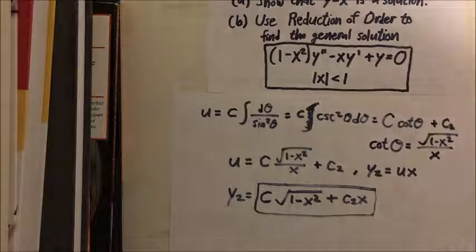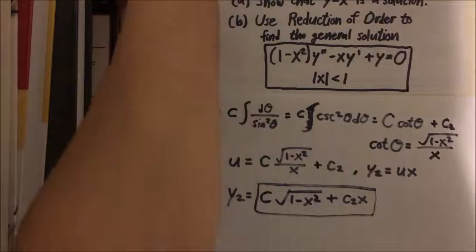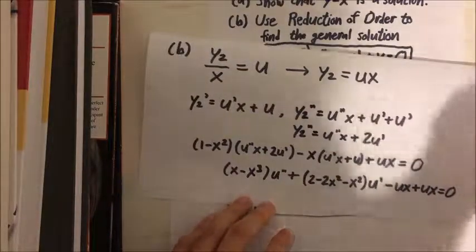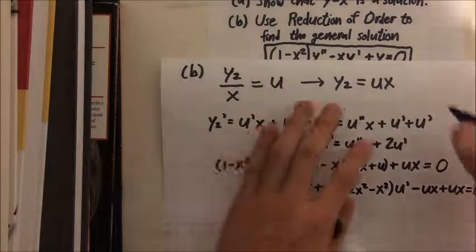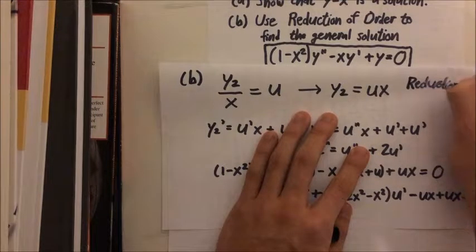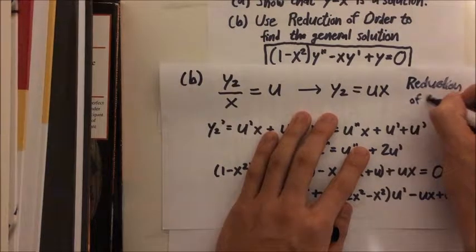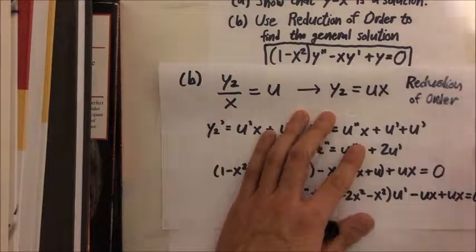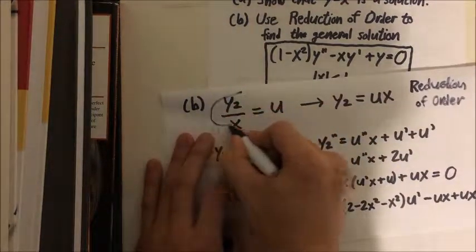Right here. So we covered some important techniques at the very beginning. Let's go through it. Reduction of order. This is reduction of order where we made this substitution, this whole thing over here.